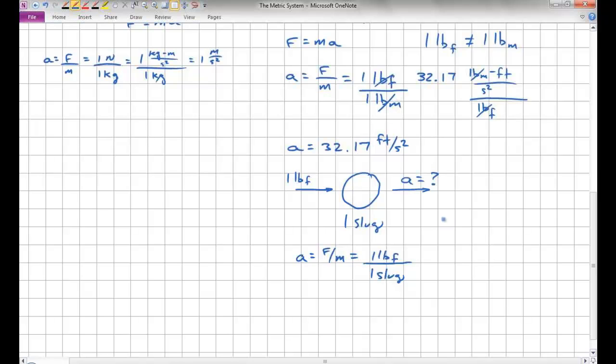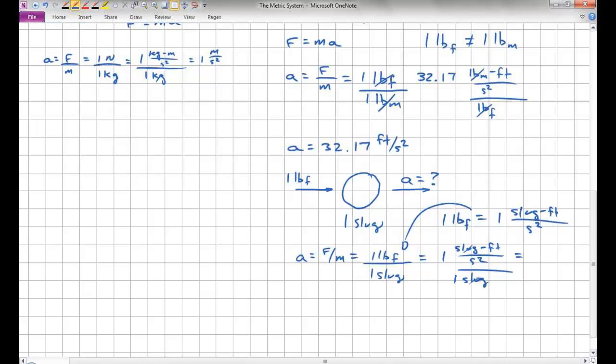And it turns out that 1 slug is defined in this manner, where we've got 1 pound force. Let's erase that. We've got 1 pound force is equal to 1 slug foot per second squared. So if we make this conversion, we'll substitute this in here. We've got 1 pound force, and we're going to divide by the mass of 1 slug.